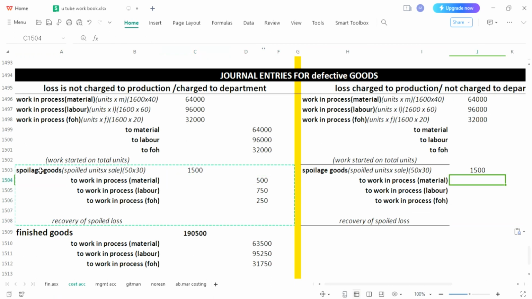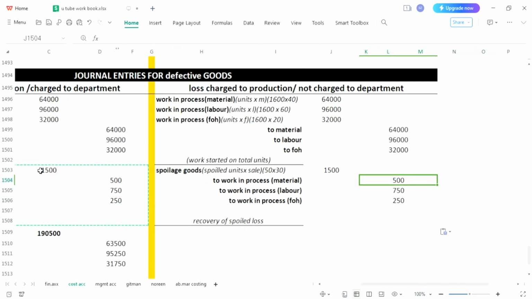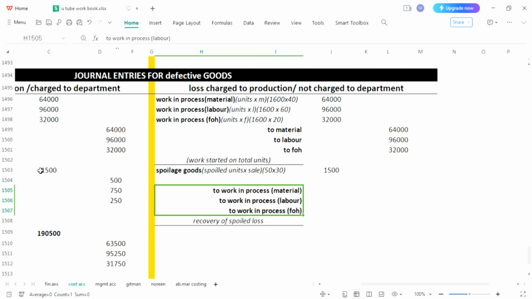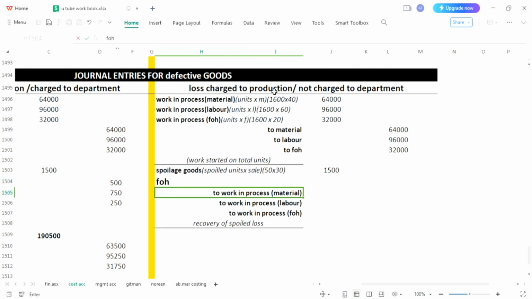Here you will be deleting these amounts, not needed, and you will take these headings a little down to introduce the required element. When loss is charged to the production, understand that a new word would be introduced, and that is FH. Hopefully someone remembers.